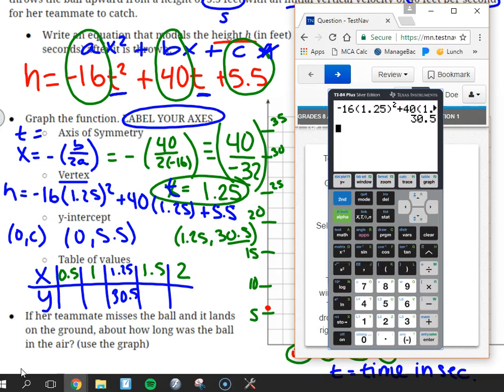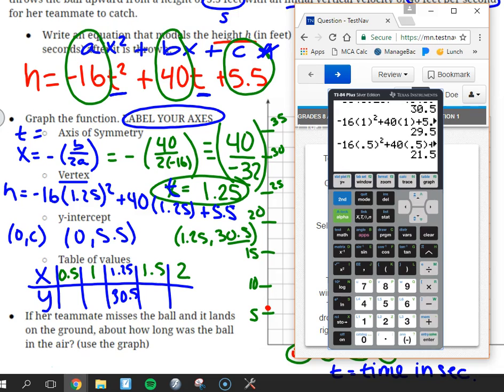So just like we plugged 1.25 in for x, we're going to plug 1 in for x. We have negative 16 times 1 squared plus 40 times 1 plus 5.5. Press enter and we get 29.5. And then we'll also plug in 0.5 on our graph. So we have negative 16 times 0.5 squared plus 40 times 0.5 plus 5.5.